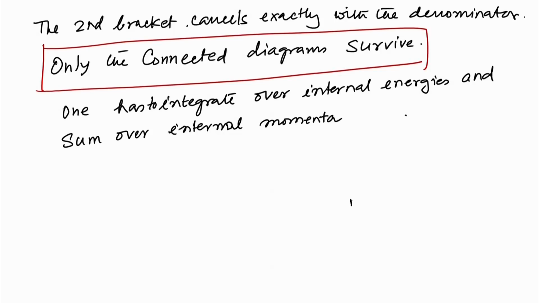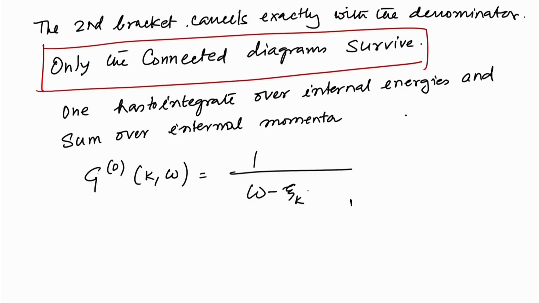So, then each of the Green's functions is written, I am writing it now in the k omega space, as 1 over omega minus psi_k plus i eta_k, where eta_k was shown to be equal to a sign of this.